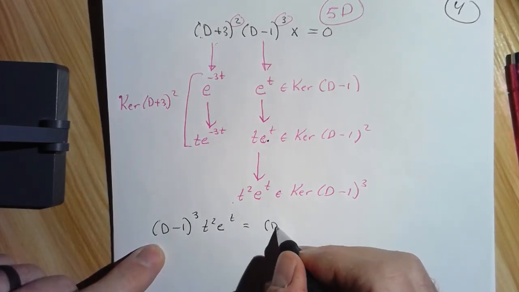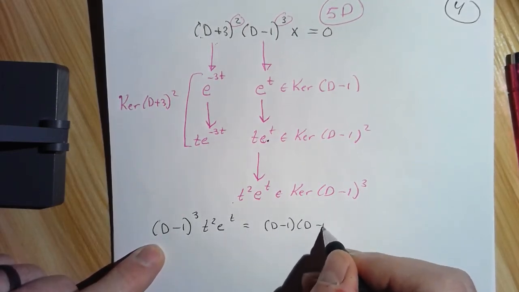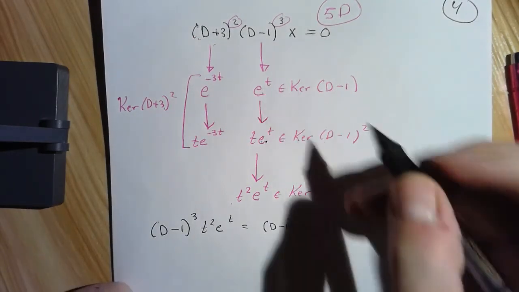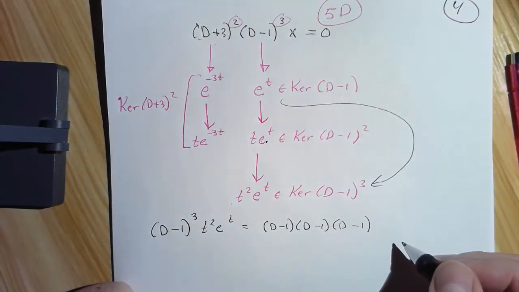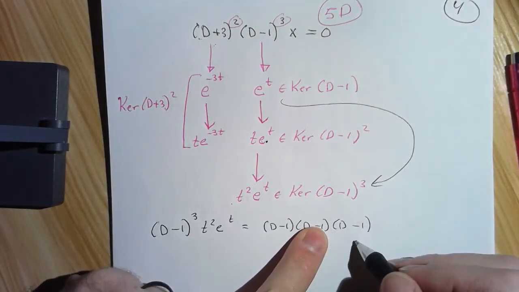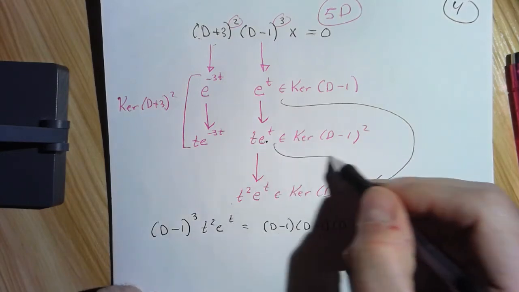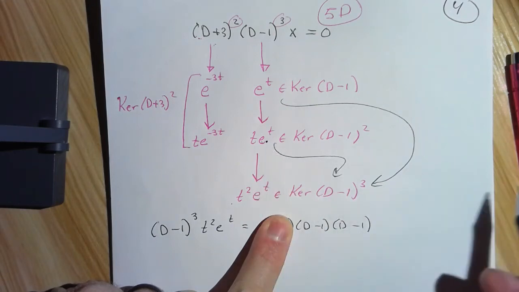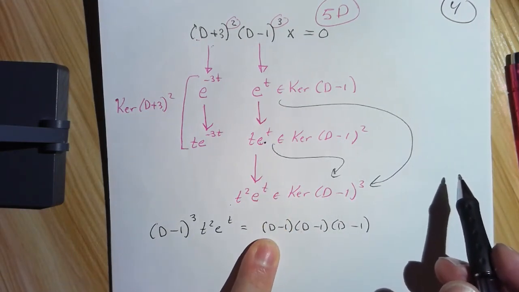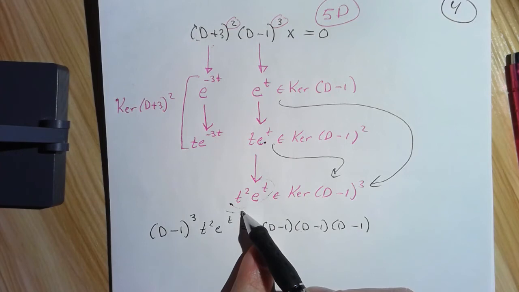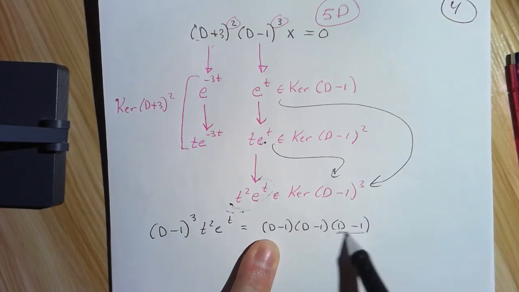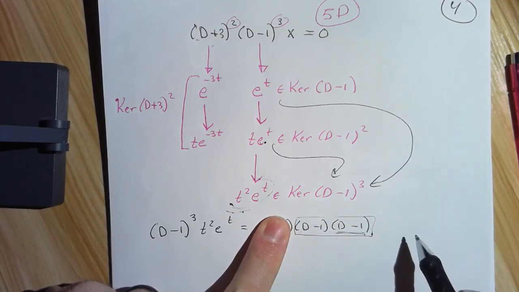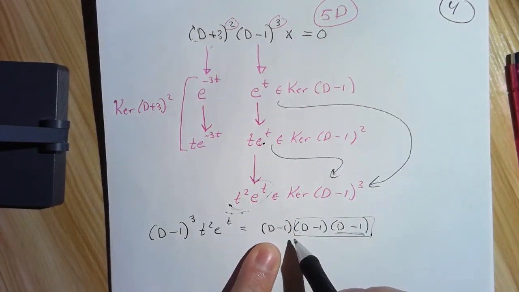This is d minus 1, d minus 1, d minus 1. So e to the t is also in this kernel, because the first factor gobbles that up. This is in the kernel because the first 2 factors gobble up that function. The only thing we don't know is what happens to this. This is not in the kernel of d minus 1. It's not in the kernel of d minus 1 squared. Maybe it's in the kernel of the whole thing.